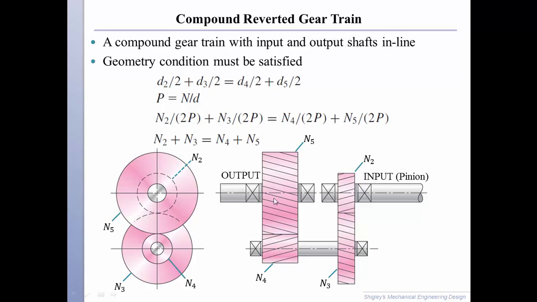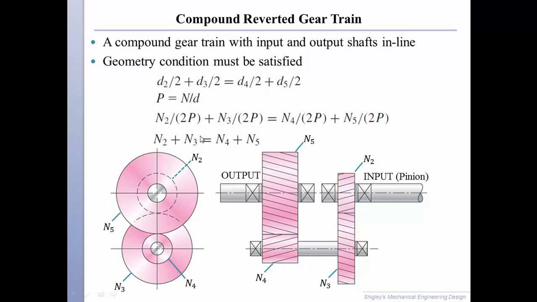And if you say that we're going to use the same transverse, if they're helical, diametral pitch throughout, then that helps you, because for the D you can substitute N divided by the diametral pitch. So you take this equation and you substitute the tooth numbers for each gear divided by the diametral pitch.